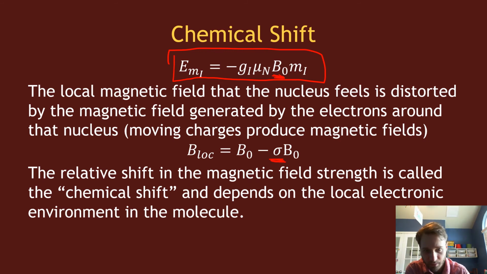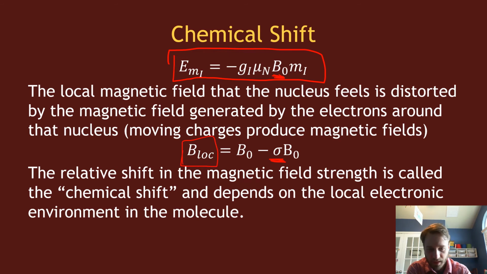So sigma here is this chemical shift that we often talk about in NMR spectroscopy. It's basically how much the external magnetic field is reduced by the electrons, to produce some local magnetic field around the nucleus.